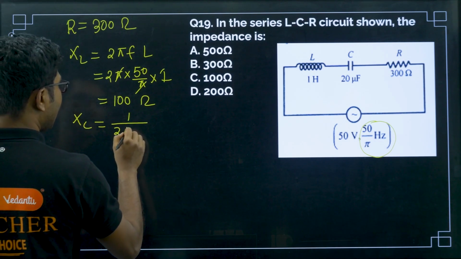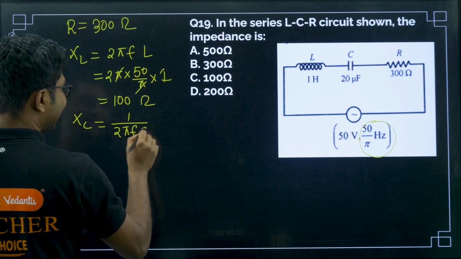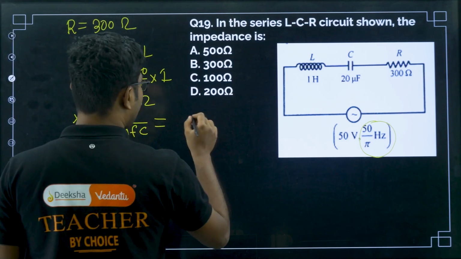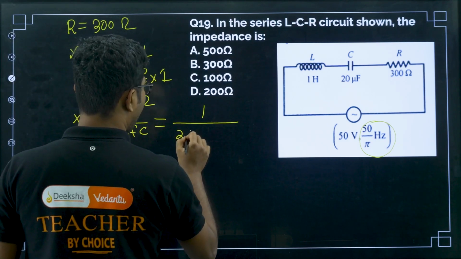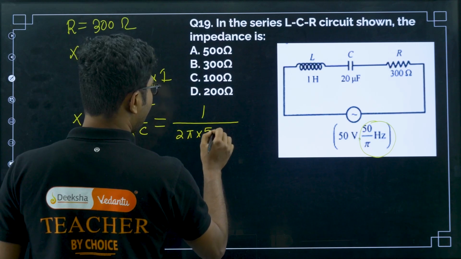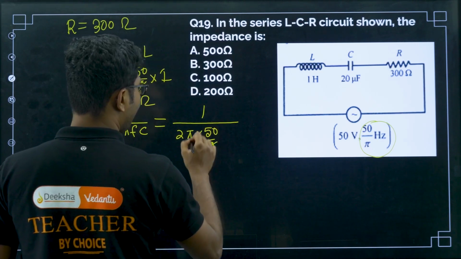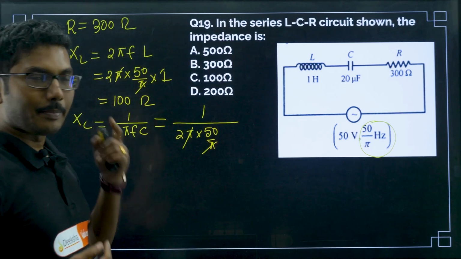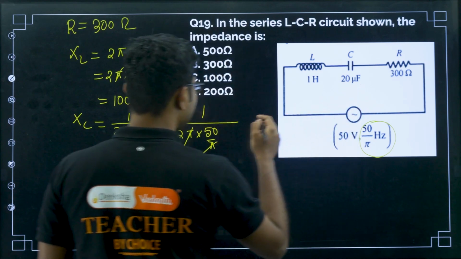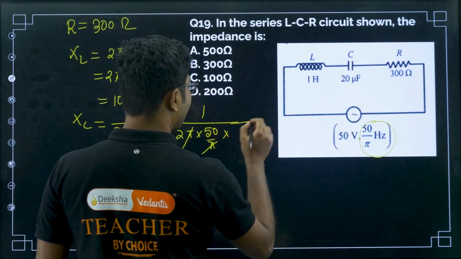What is XC? XC is 1 by 2 pi F C. What is 2 pi F? 2 pi times 50 by pi. So, 50 by pi helps a lot because the pi cancels. What is C? C is 20 microfarad.